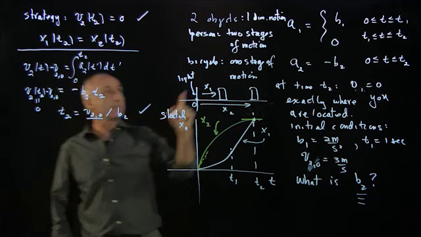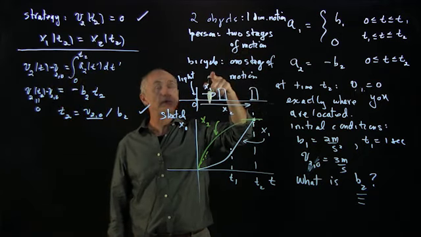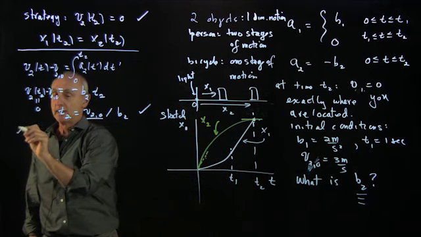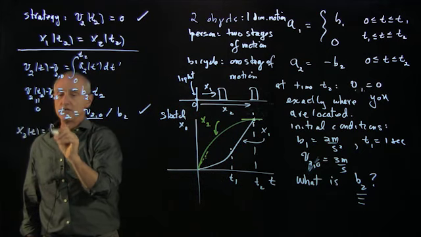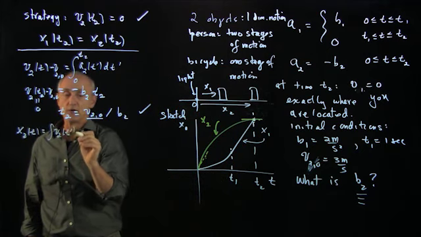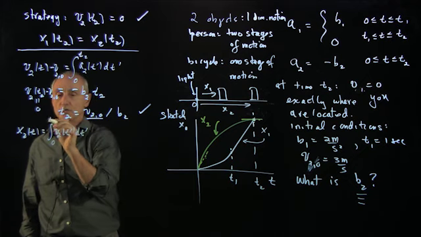Now, we have to separately solve for the bicyclist's position. That's easy. x2 of t is the integral of v2 of t prime dt prime from 0 to t2.